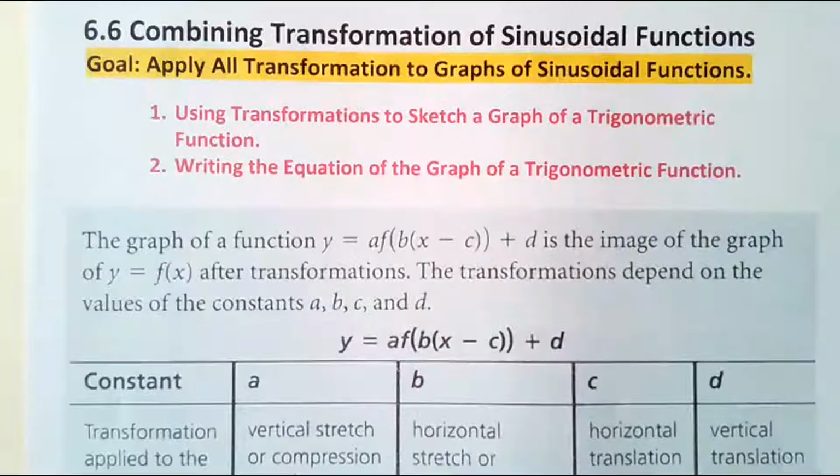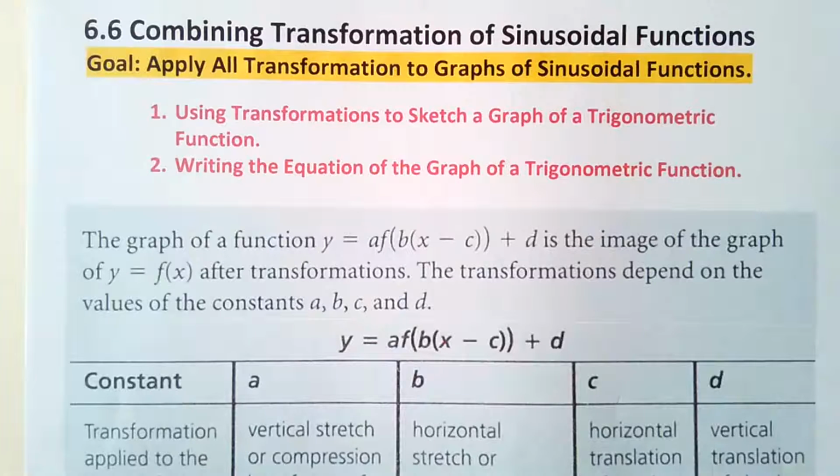Today we're beginning lesson 6.6, combining transformation of sinusoidal functions. There are three parts to this section, and the goal is to apply all transformations to graphs of sinusoidal functions.